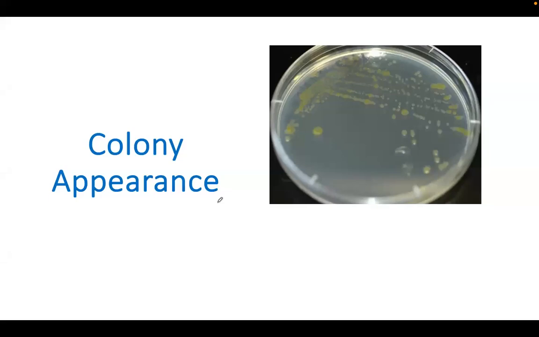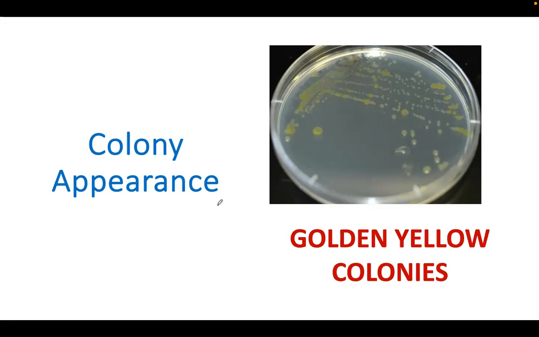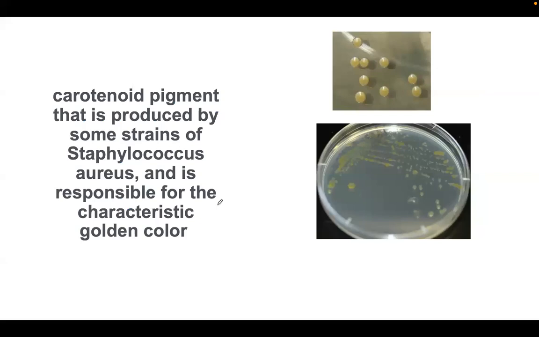What is the colony appearance? Okay, gold is correct, but we need to be more specific. So it is golden yellow colonies. Okay, the golden yellow colonies. Now, what is the name of the carotenoid pigment which is produced by Staph aureus, which is responsible for the characteristic golden color?